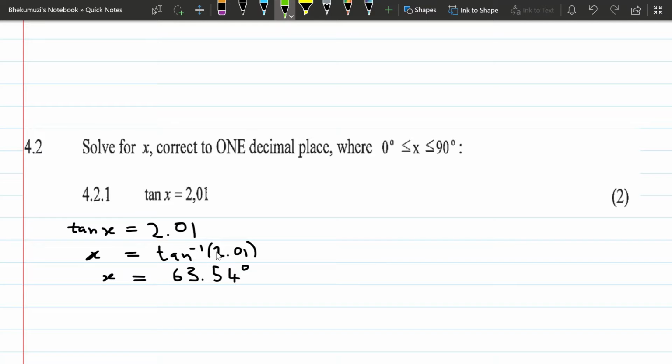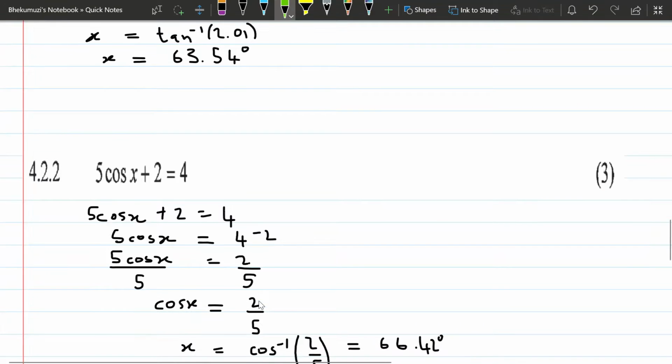And then here again, when you're solving for x, you could think of cos x as just the unknown, or the big X, and then you solve for cos.